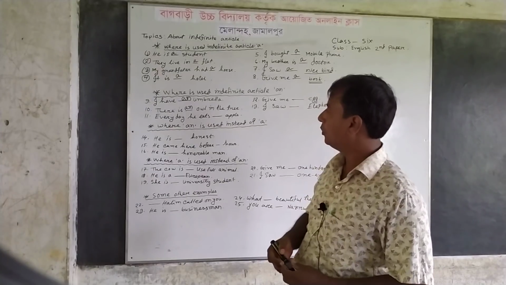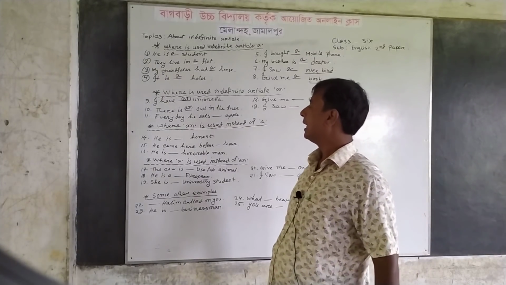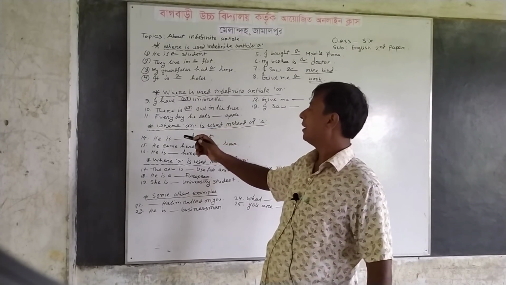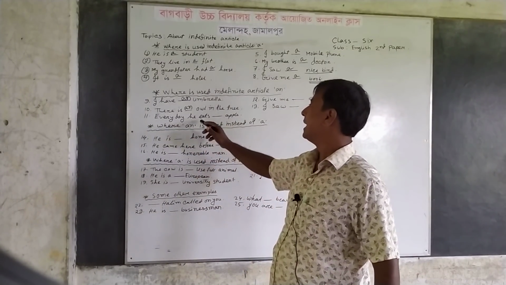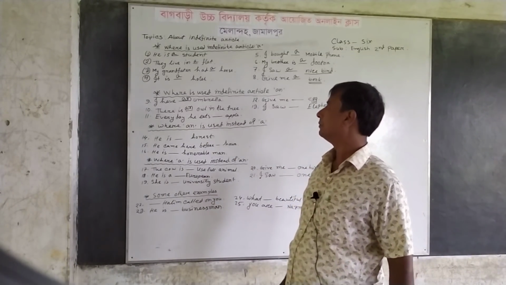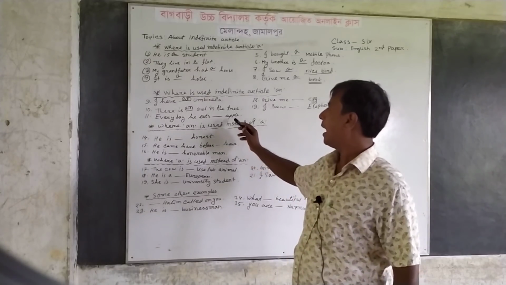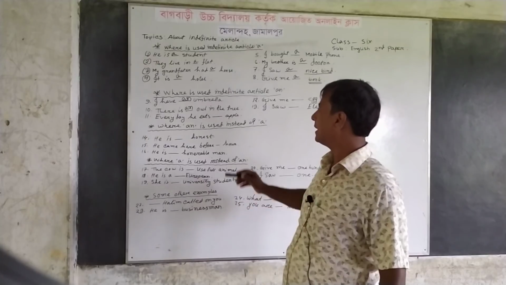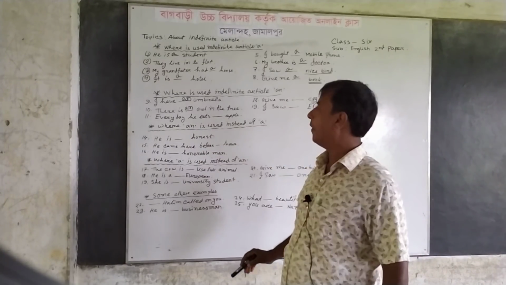The next example, every day he eats an apple. Here apple is a singular countable noun and its first letter is A, which is vowel.